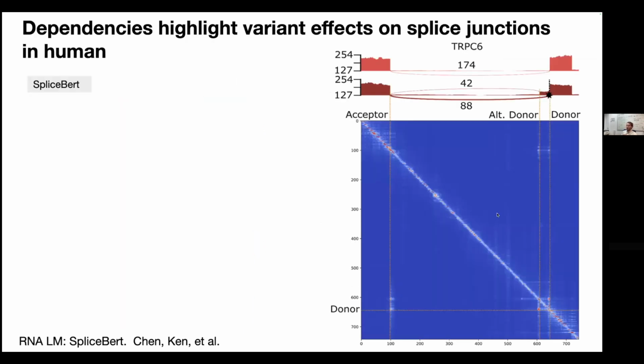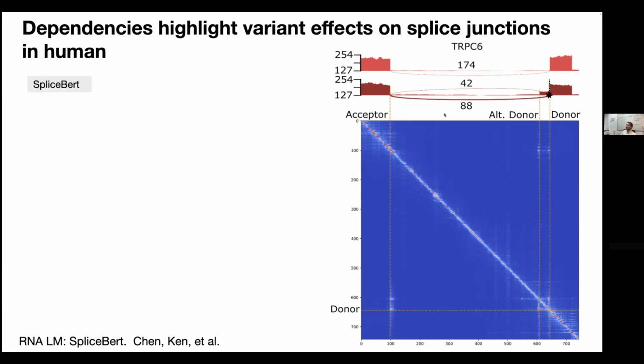And this is not only true in yeast, but also true in human. Dependencies are also seen between donors and acceptors. We took this model called SpliceBird, which has been trained in different vertebrates, including human. And here is an example of a splice region where we can see from the RNA-seq track, there are two exons, and there is one individual which has a variant in a donor which induces exon elongation.